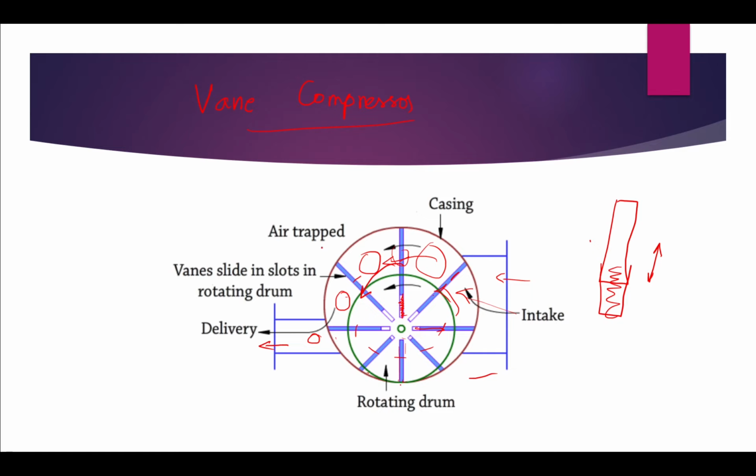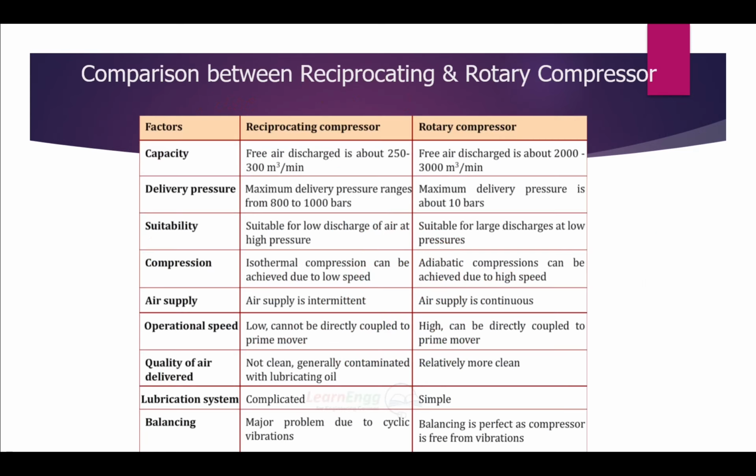To accommodate this motion, the rotating drum will be non-concentric to the casing, so this drum will be like this and this casing will be like this. This is how the rotation takes place. This is stationary. The rotating drum will rotate in that direction.